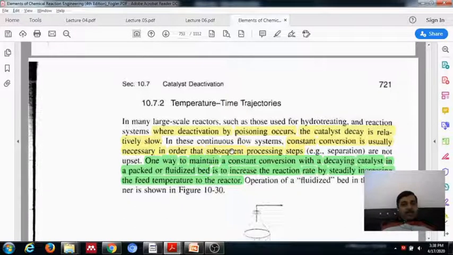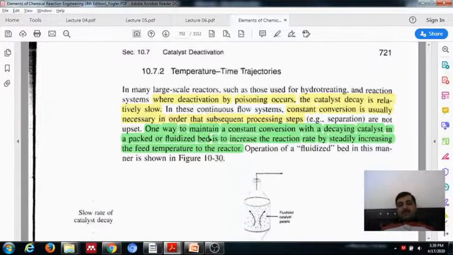Now we are playing with temperature in such a way that we balance these two so that my throughput from the process, or the conversion, remains intact without hampering any downstream processing. That is what is given in this paragraph.